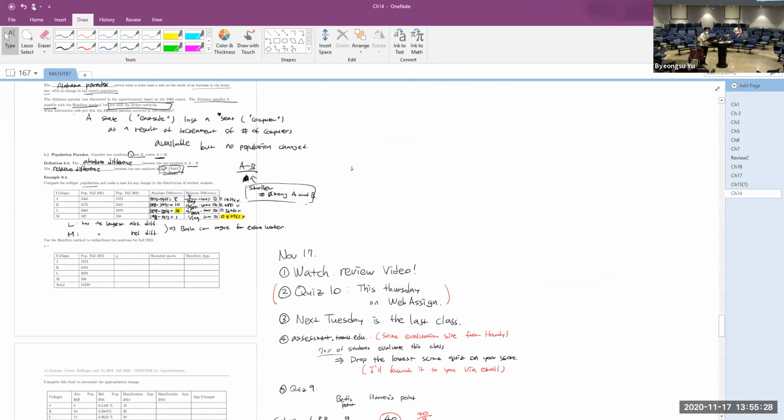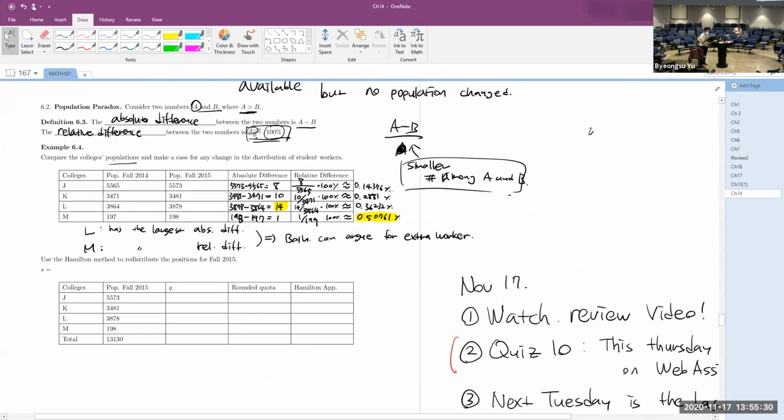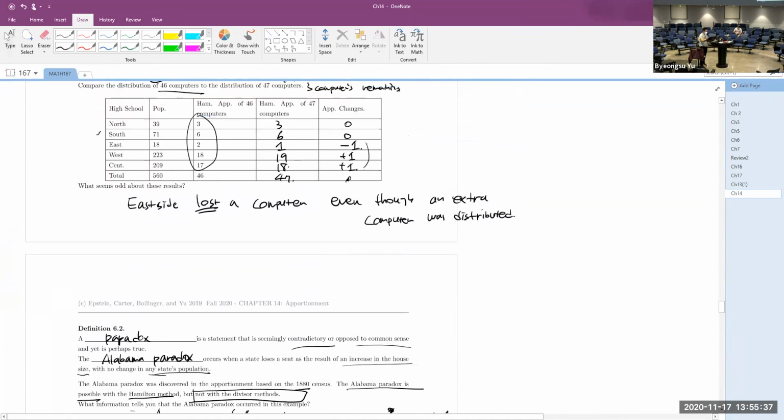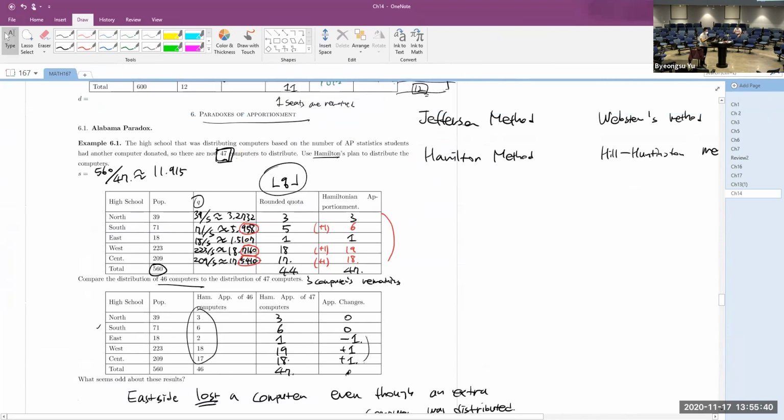And we will go back to 14 if there is no question. We explained the paradoxes, and the first paradox we dealt with is the Alabama paradox.